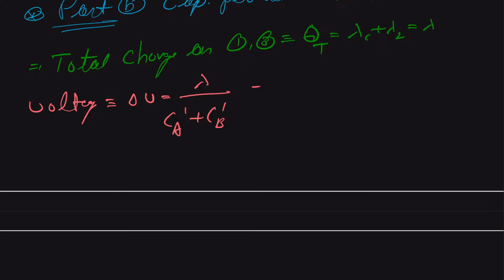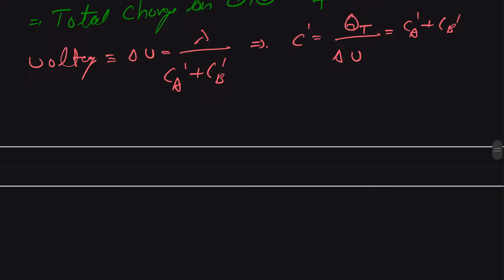Therefore, we can say that our C prime will be equal to our Q total upon delta V, and which we can write as our CA prime plus CB prime, and we substitute the values.